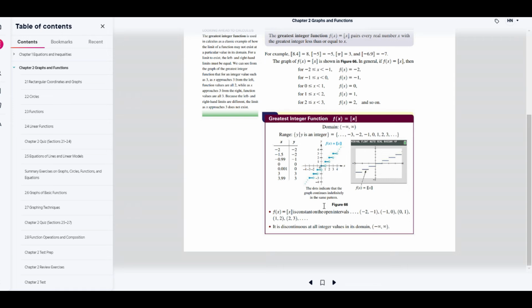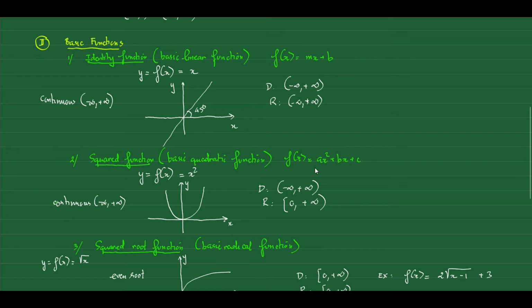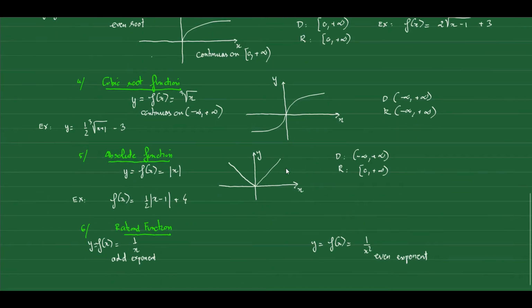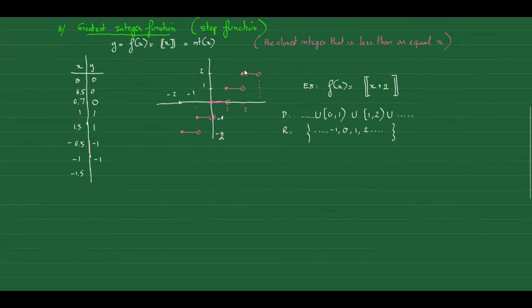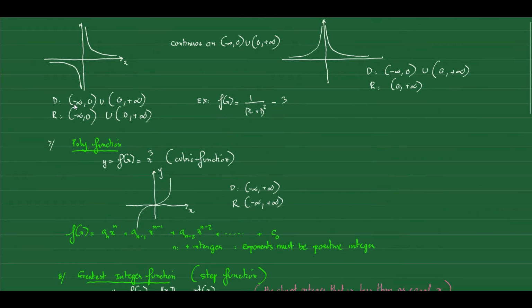Now, all of these are the basic functions. Actually there's another one called the exponential function and the log function, but in pre-calculus we want to cover that one more time.